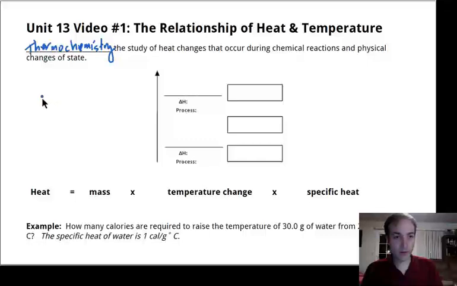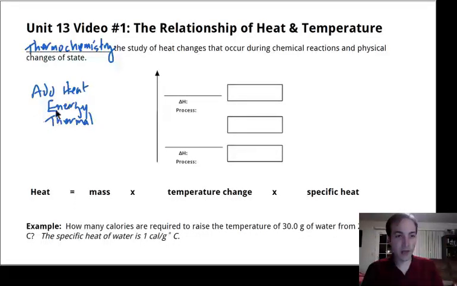So based on what we talked about today, if we add heat, and we know that heat is essentially a type of energy that is passed through thermal means. So in other words, hot to cold.